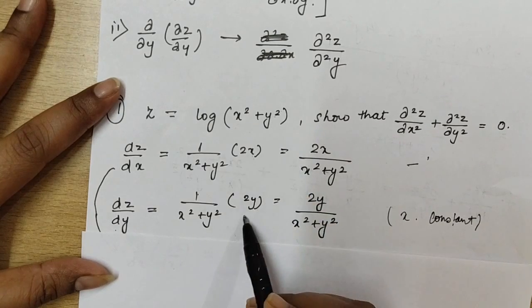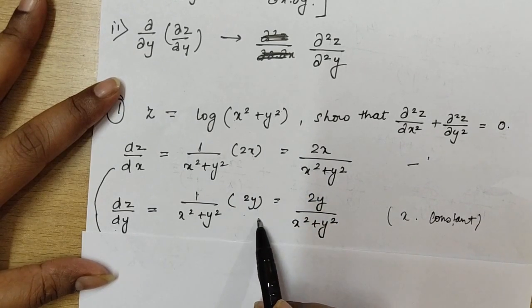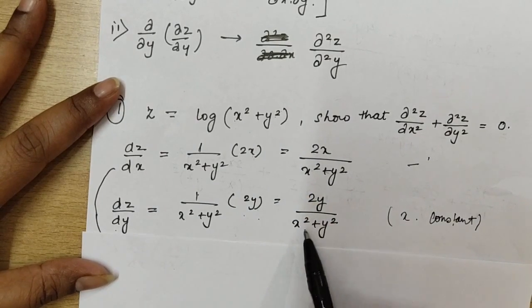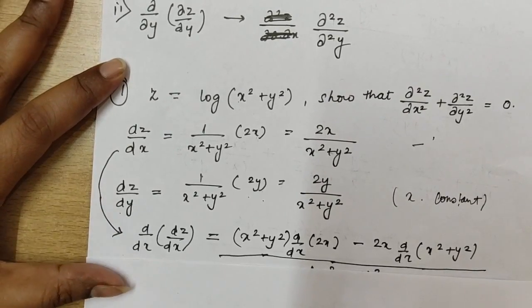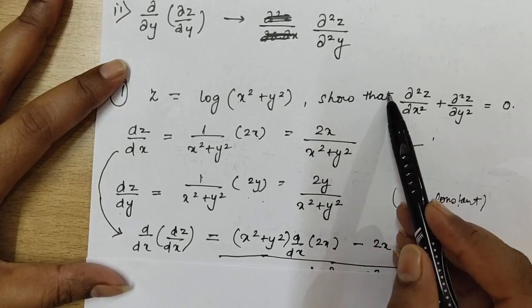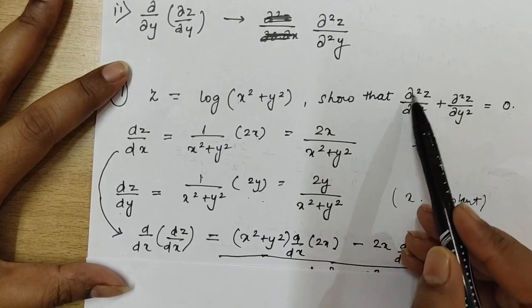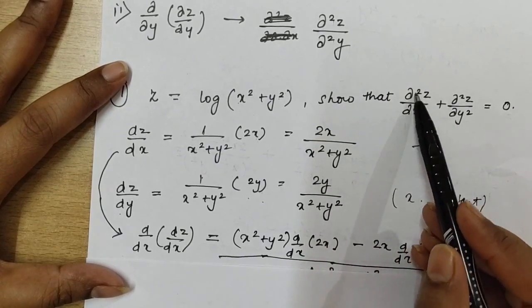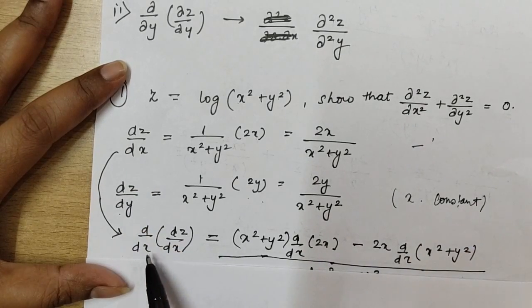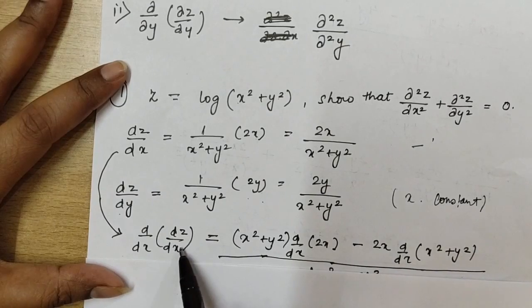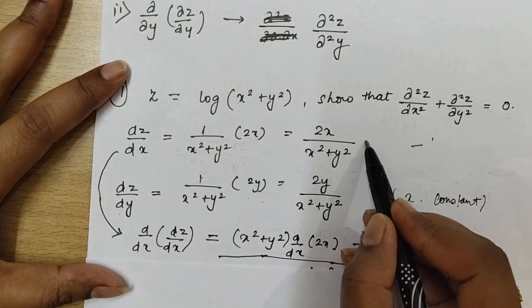So this will be 2y and this x square will be 0. So the result is 2y by x square plus y square. But the question says that we have to differentiate twice, delta square z by delta x square. So we differentiate this again with respect to x. We have to differentiate this one again.